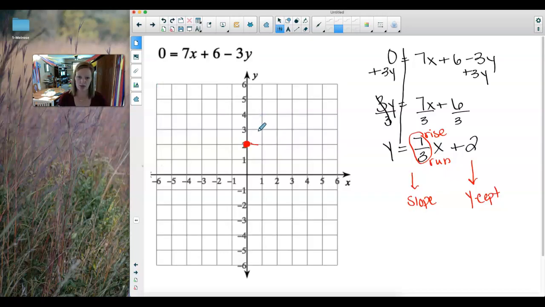So we're going to go down 1, 2, 3, 4, 5, 6, 7, and then over to the left 1, 2, 3.